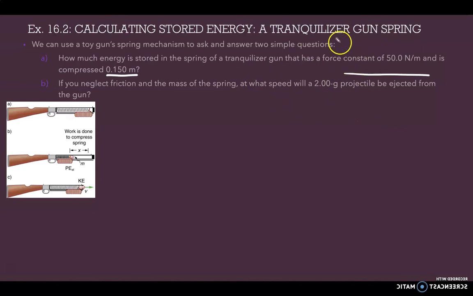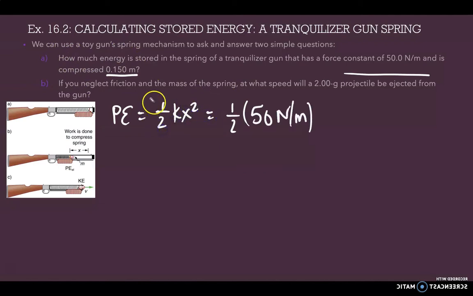Okay, so again, we're looking for our energy. So our potential energy is 1/2 kx squared, right? We just learned that. So we're going to go ahead and plug this in. 1/2 times k, which is 50 newtons per meter, times x, 0.15 meters squared. Okay, so again, it's compressed, so that's the distance.